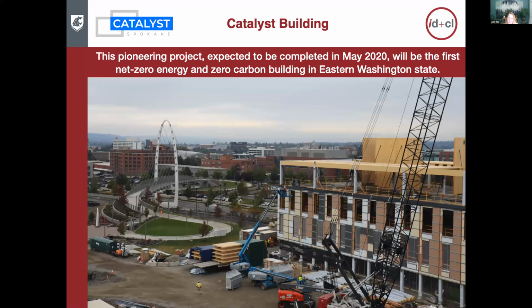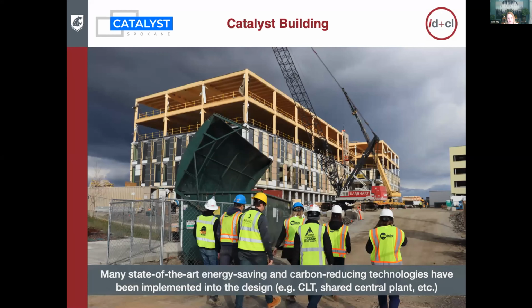There's also Eastern Washington, Gonzaga, and so on. So it's a cluster of quite a lot of buildings there. And there's a huge health focus in a medical school. So a lot of what they're doing for this building ties in not only to energy reduction, but also health. And so we're trying to keep those themes consistent across the two.